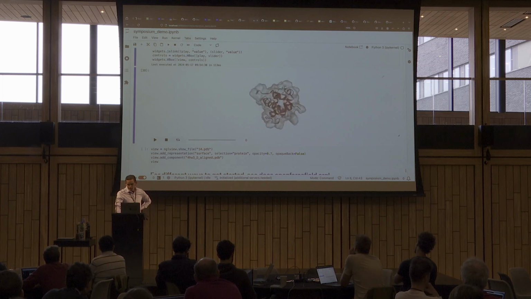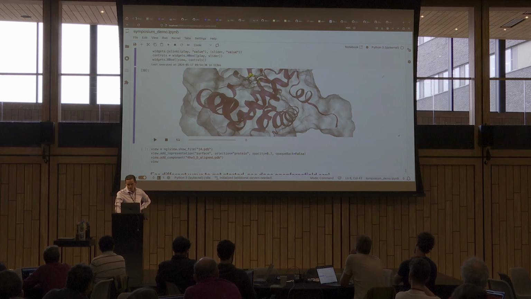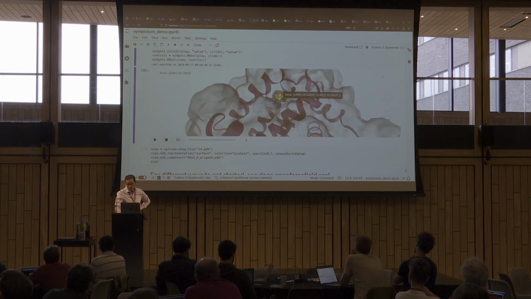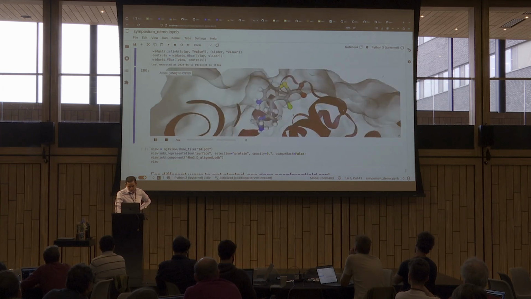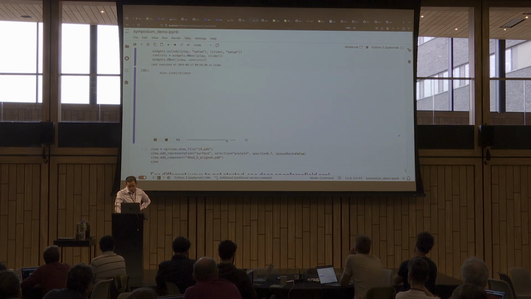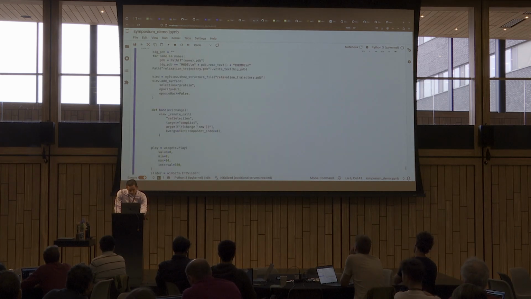So here is what this trajectory of scaffold growth has looked like. Will it blend? Yes. Oh, no. It partially blended.